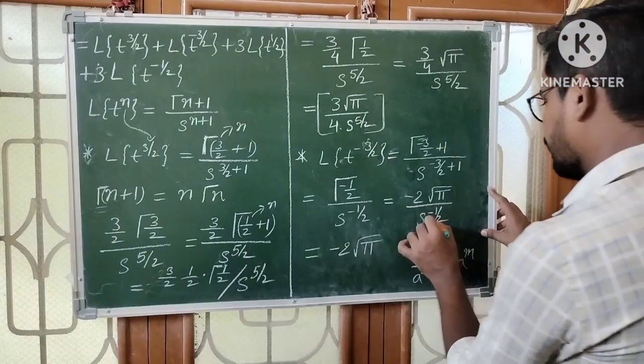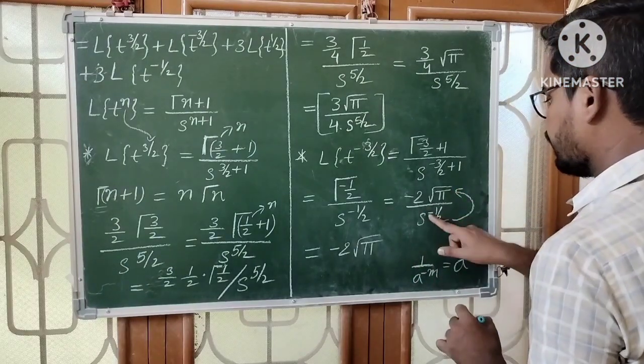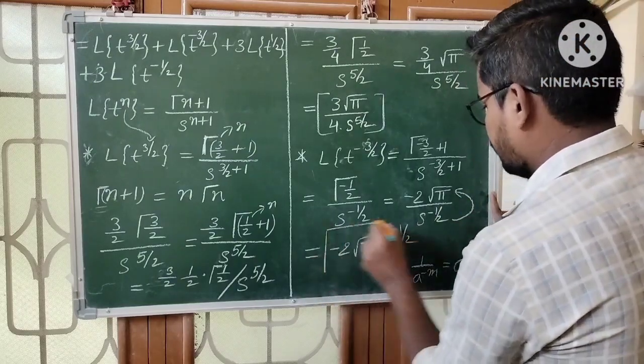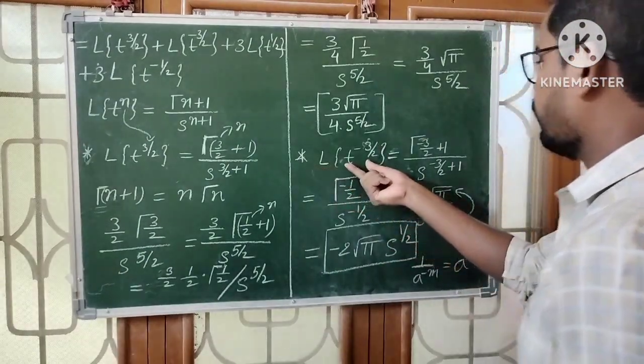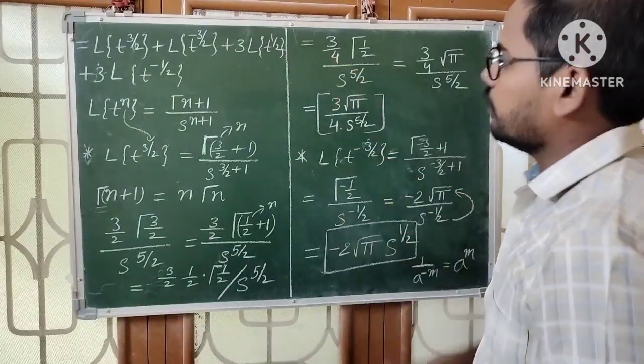So let us move this s power minus 1 by 2 from denominator to numerator. Exponent sign changes, negative becomes positive. You will get s power 1 by 2. So this is the result of Laplace transform of t power minus 3 by 2.